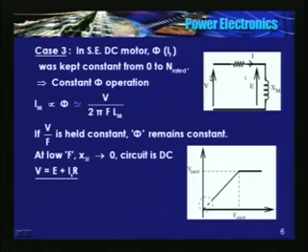A 2 hertz AC, I can safely say it is nothing but DC. So I can directly write magnitudes. I don't need to take phasors into account. V is equal to E plus Is into R. So I can directly add the magnitudes.